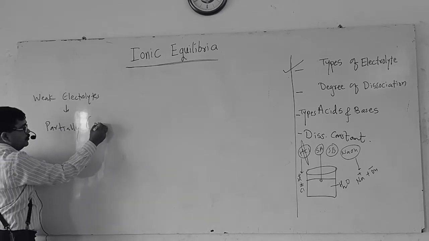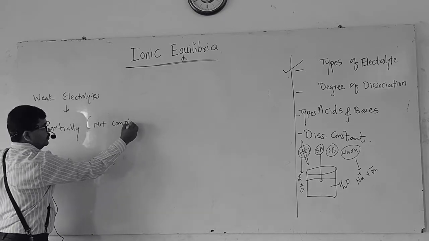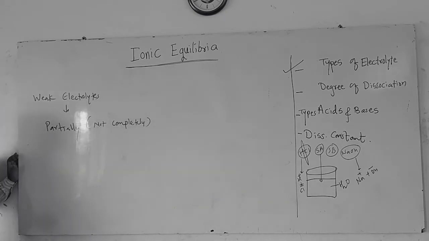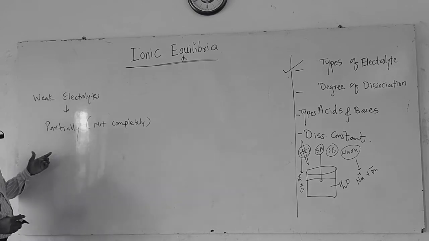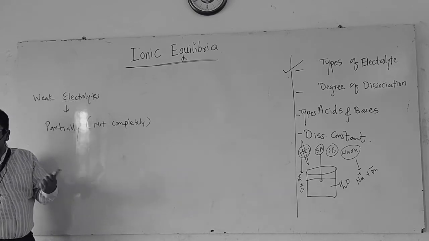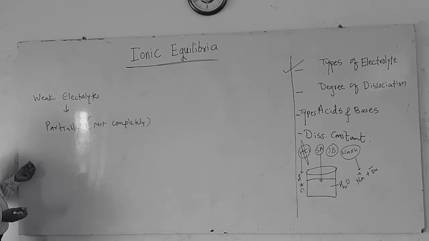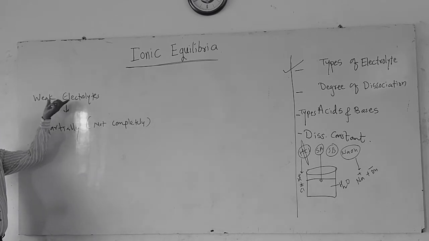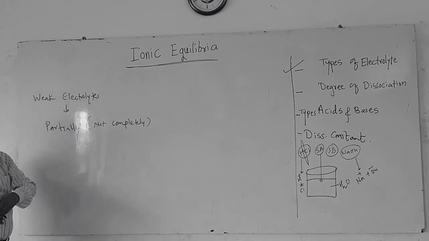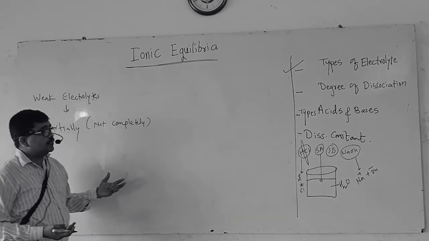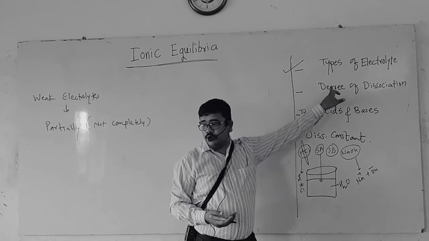Partially means not completely. Means only some part of that weak electrolyte gets dissociated. Exactly how much of the weak electrolyte is getting dissociated, that is the degree of dissociation.